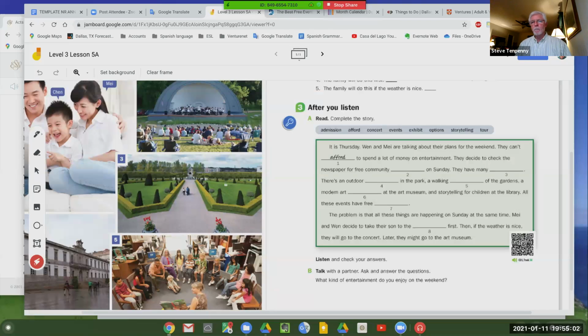Exhibit. Exhibit is something like you would have at maybe the State Fair of Texas. Of course, we did not have the State Fair in 2020, but in 2019 and all of the years before, we had the State Fair. And the State Fair has a lot of what we call exhibits.